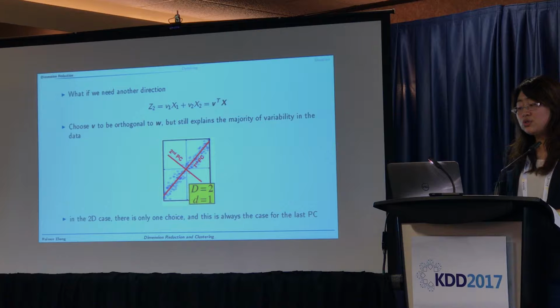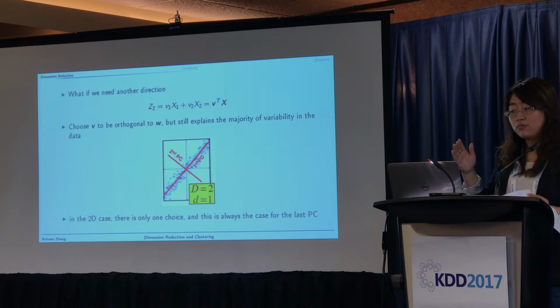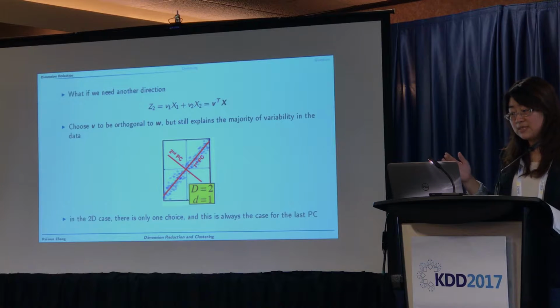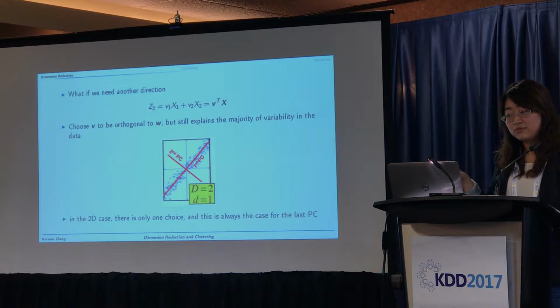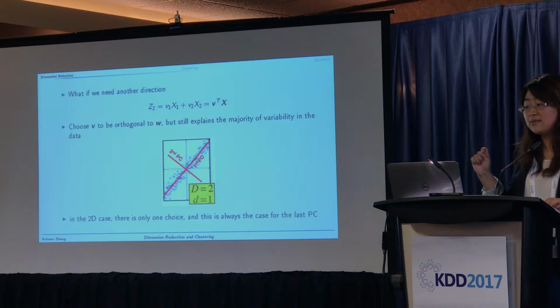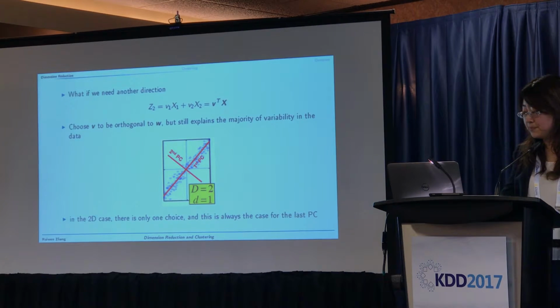So in this simple 2D case, the second PC is determined given the first PC, because there is only one orthogonal direction for the 2D case. And this is always the case for the last PC for any general Q-dimensional case.